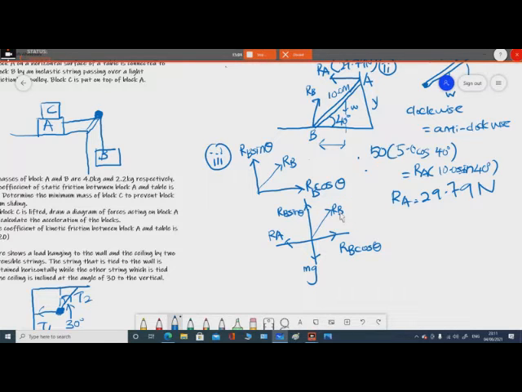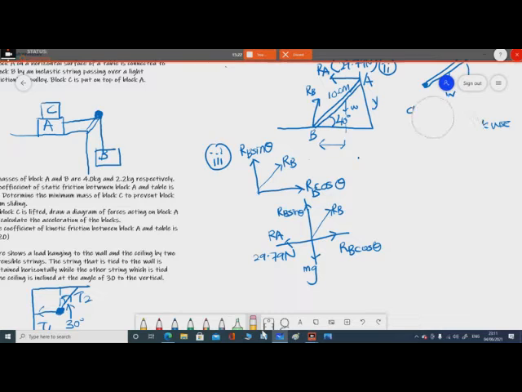In terms of equilibrium, let me erase this one. Let me write down the answer first. So if the ladder is in equilibrium, let's begin with the vertical component.